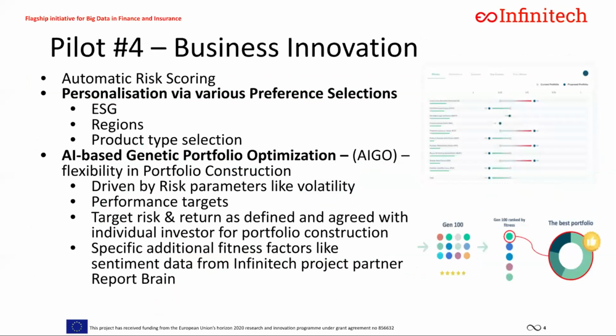This leads me to the business innovation slide. As you see, some of the innovations are automatic risk scoring, personalization via various preference and selection, and AI flexibility in portfolio construction.